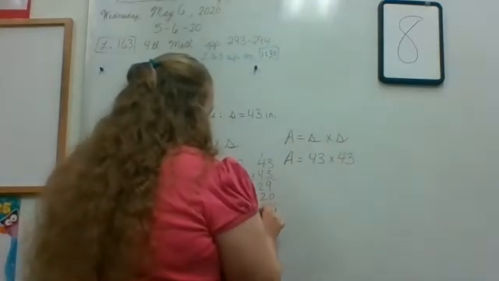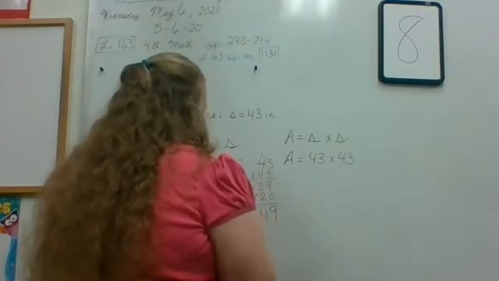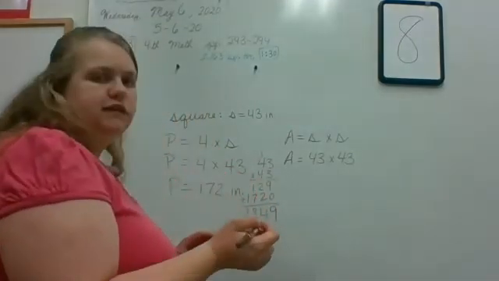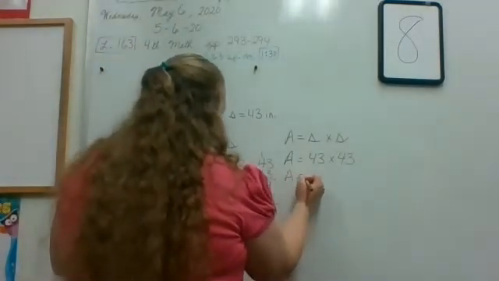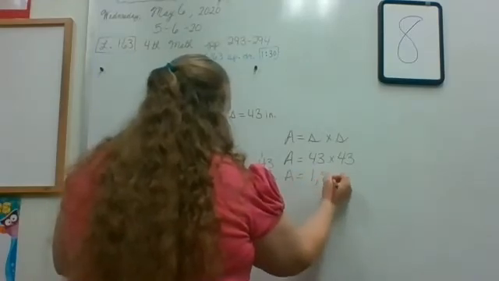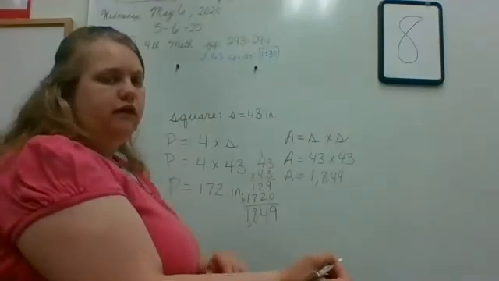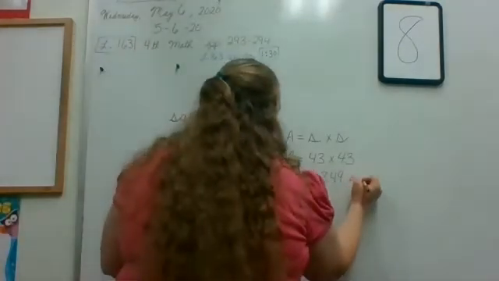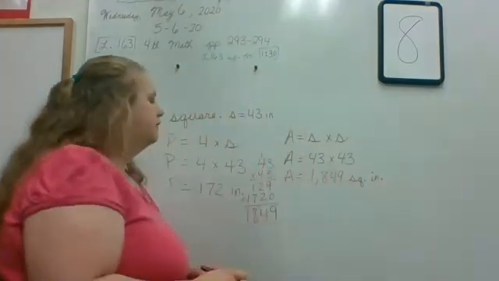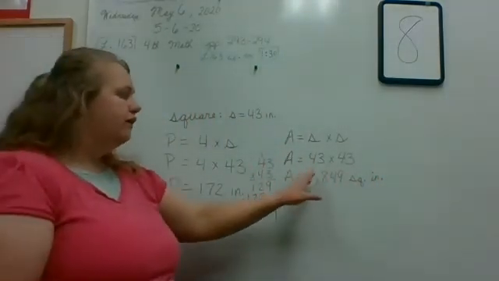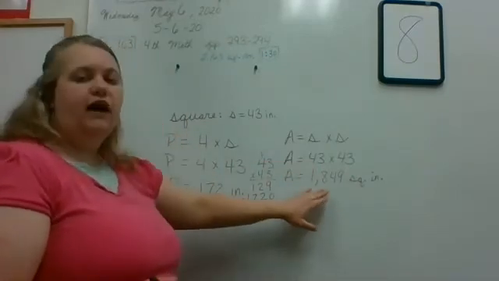Add these up: 9, plus 2 plus 2 is 4, 8, and 1. Are there any decimal places? Not with this number, right? We just put our comma there for the thousand spot. 1,849. And what do we have to put for area? Square, SQ, inches.